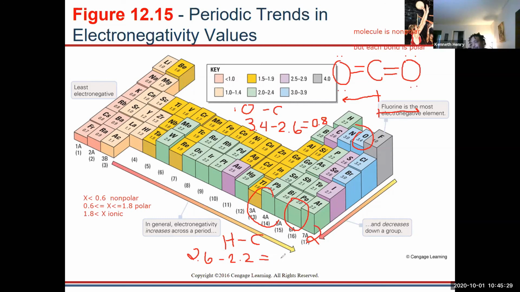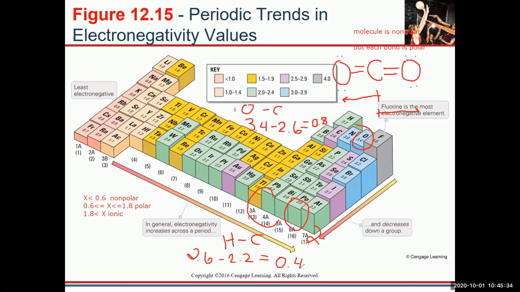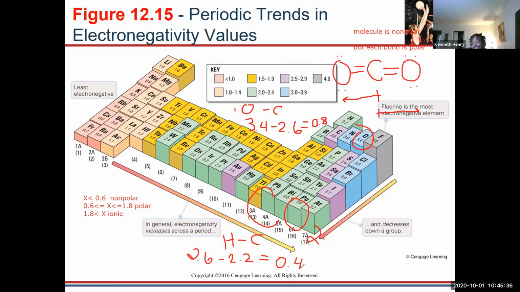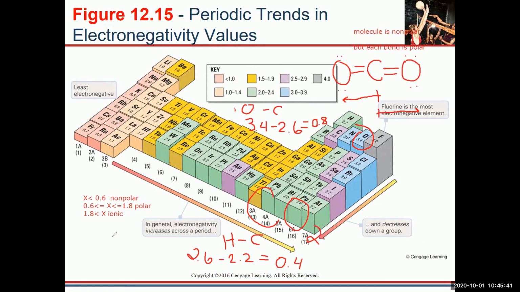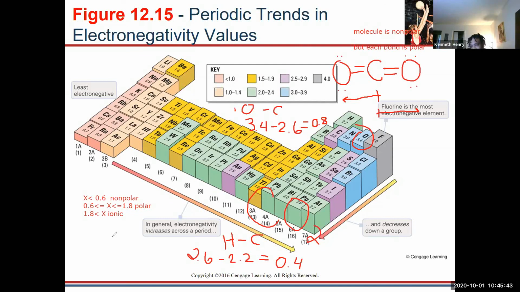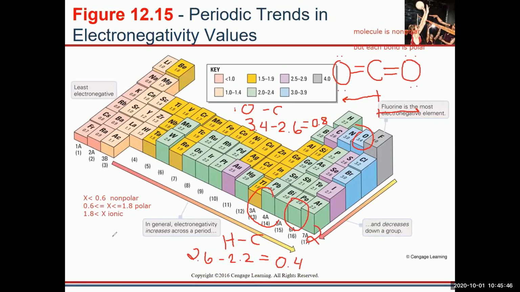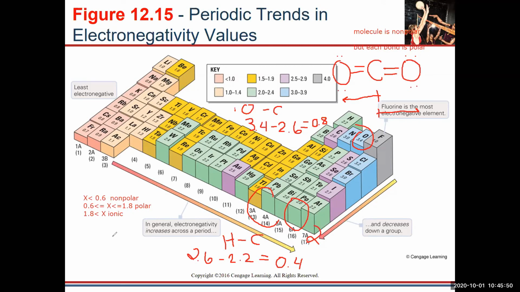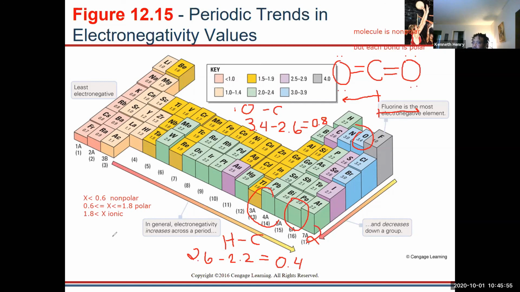What does that equal? 0.4. So it's nonpolar, so it's not ionic. I added them on accident. Okay. I was also going to say we could rule out ionic because it's two nonmetals. That's right. Okay.